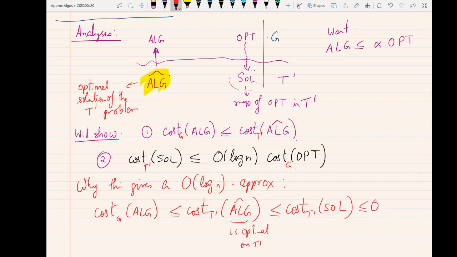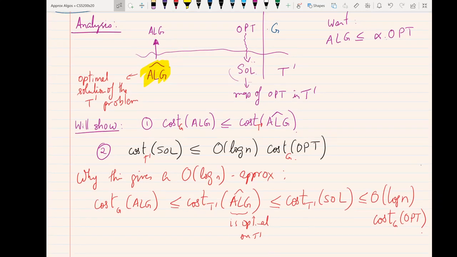This we know is order log n times cost of opt. So it's just a chain of inequalities, and if you stare at it for a moment, you will realize immediately why it is true. Again, just keep in mind the main picture over here, that there are two worlds, G and T prime, which are close in distances, and we are trying to map solutions from one world to the other in order to compare them.